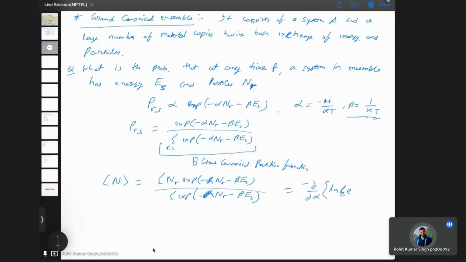And this is our grand canonical partition function. So it is the log of the grand canonical partition function.